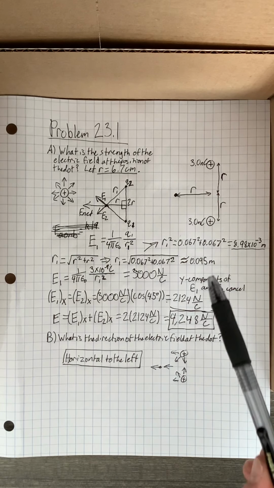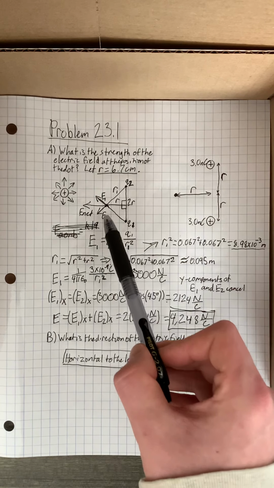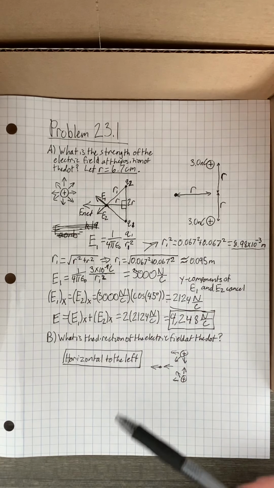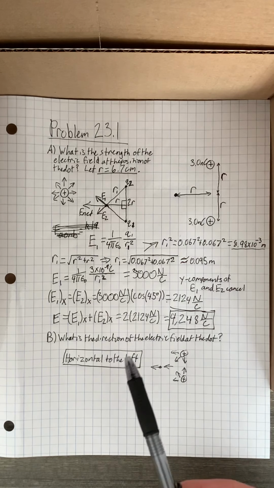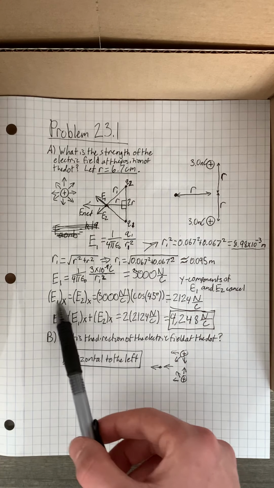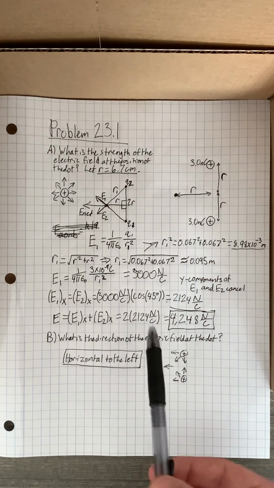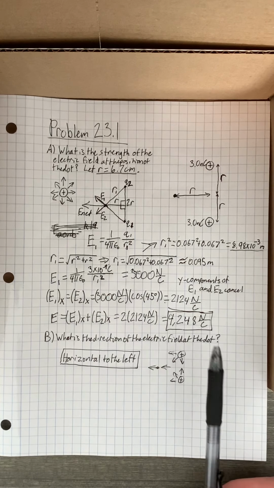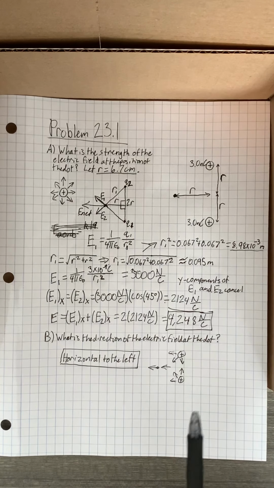And that's for just one of the charges. So in order to find the net electric field, we just multiply that times 2, because these are equal. That is equal to 4,248 newtons per coulomb at the point.